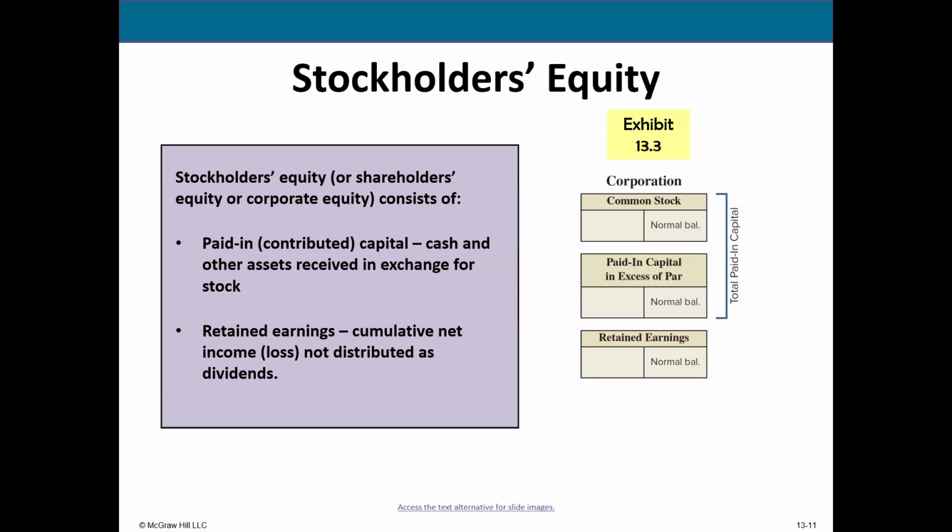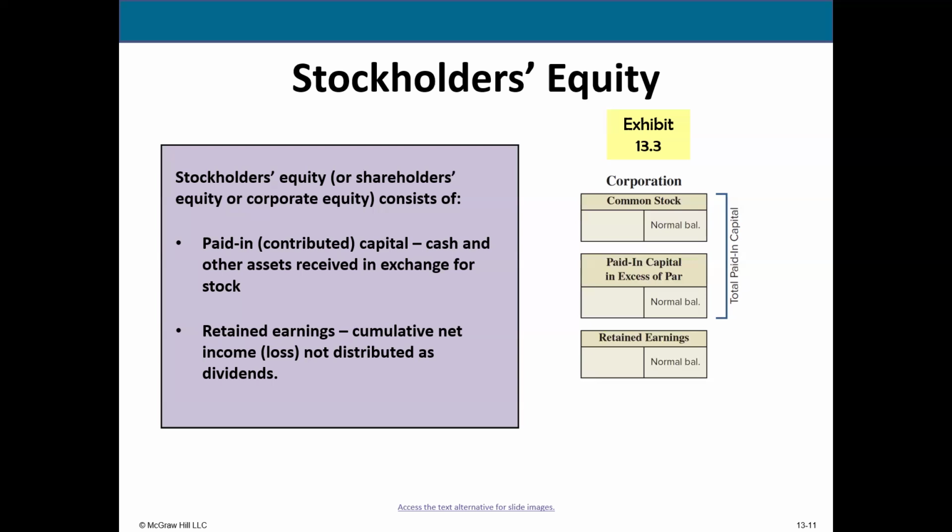So if it's currently selling at a market price of $10 per share and has a par value of $1, that means it's selling $9 above its par value. And so that $9 would be reflected in an account called paid in excess of par. And then the $1 would be recognized at its par value.